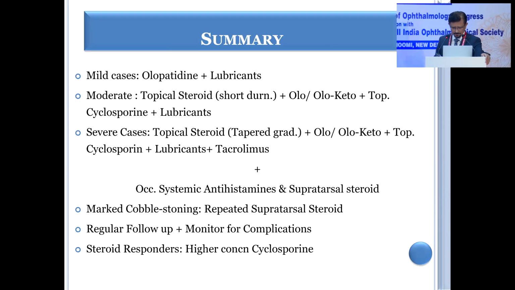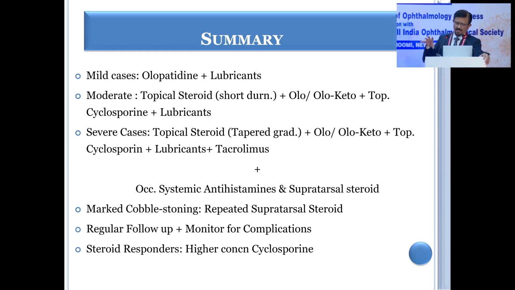So in summary, if it's a mild case of allergic conjunctivitis, we can manage with a simple dual acting agent like olopatadine and lubricant. A very mild case, with occasional allergy or occasional itching, you can manage with lubricant only. But if there is a significant allergic conjunctivitis, you have to use olopatadine.